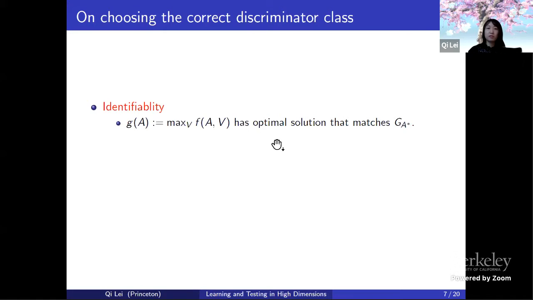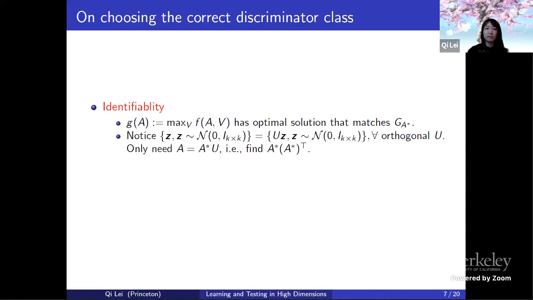If it's too simple, you cannot identify the target distribution from this kind of function. And in our setting, what is our target? We are actually trying to learn A star transpose A star instead of specifically matching A star, because the input is from a Gaussian distribution and has some symmetric property.